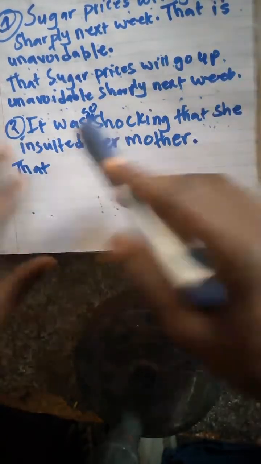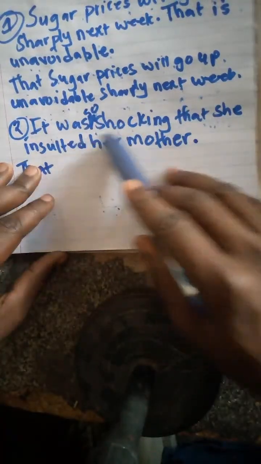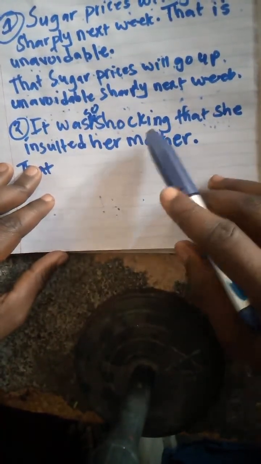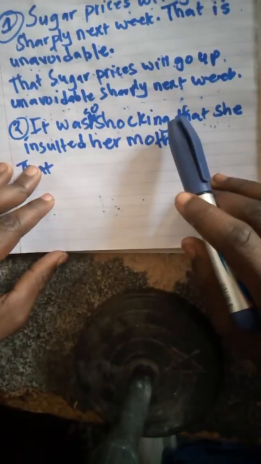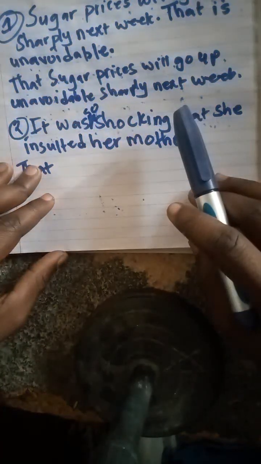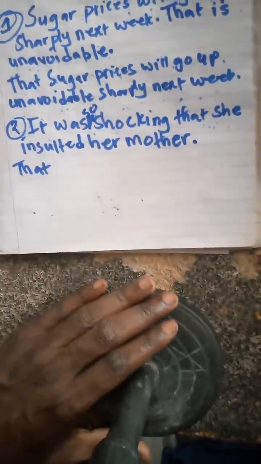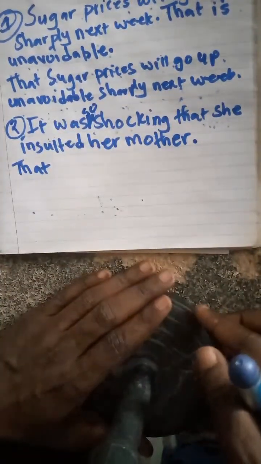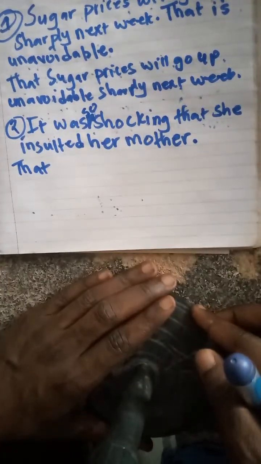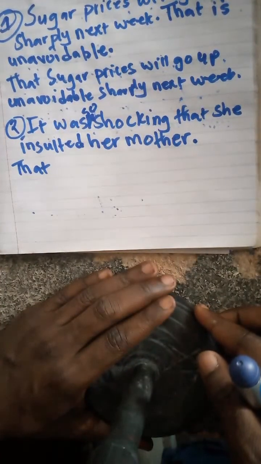All right, so in this sentence, that is already okay. That was so shocking. She insulted, Kenneth, this is English. It's not Facebook. Make sure that you write the words very well. Not unsuited.